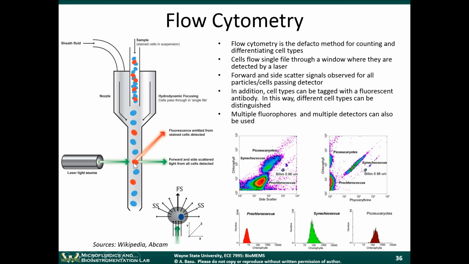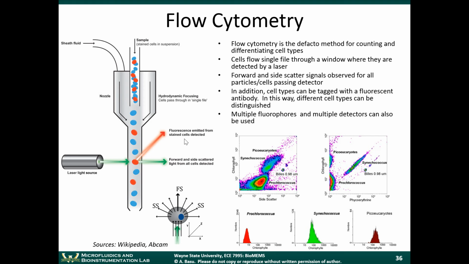The green light is absorbed by the fluorophore, the fluorescent dye. It absorbs green light, but it gives off red light. So you can detect the red light emitted from the cells and count the number of cells that were stained red.